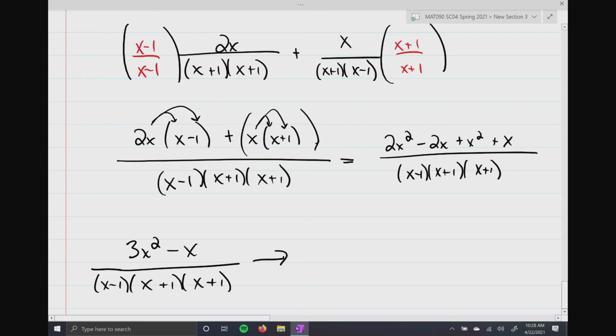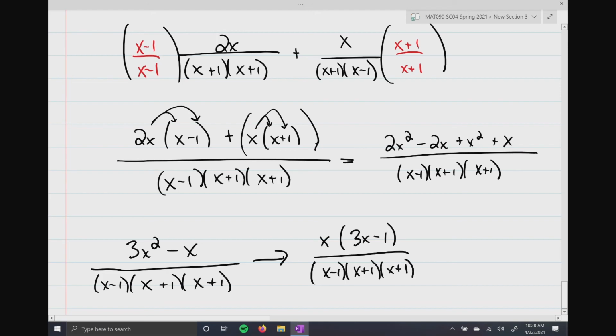I simplify the numerator if necessary. I'm going to factor. I got a GCF of x. So that's going to be x times the quantity 3x minus 1, all over x minus 1, x plus 1, and x plus 1.